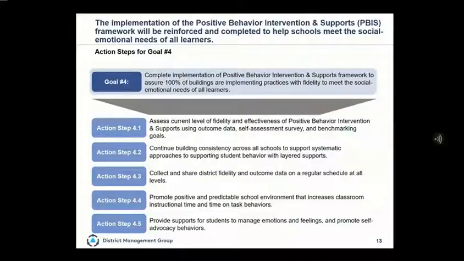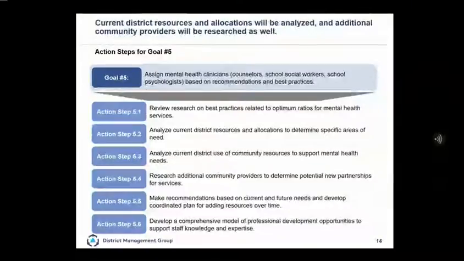Okay. Goal 5, this really is about the mental health supports and looking at best practices, recommendations, working with community partners, looking at how we can really continue to fill in the gaps where we have them.